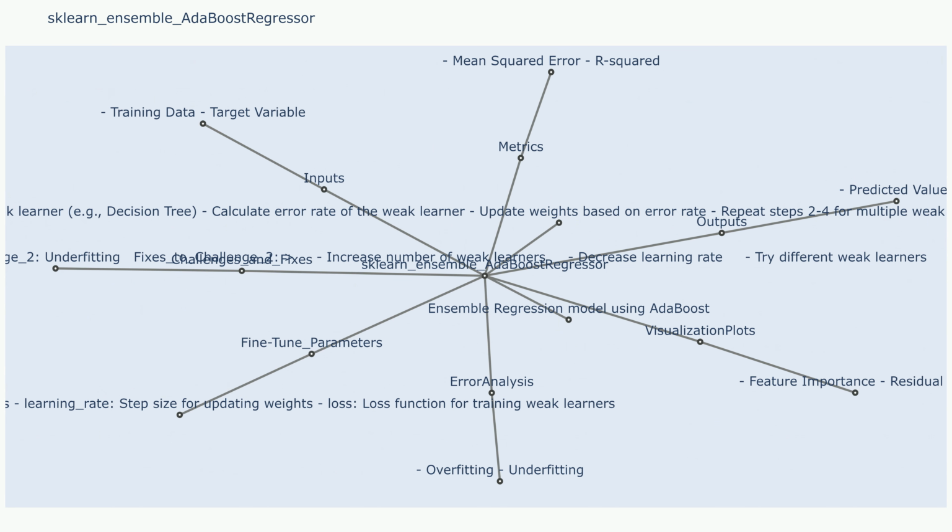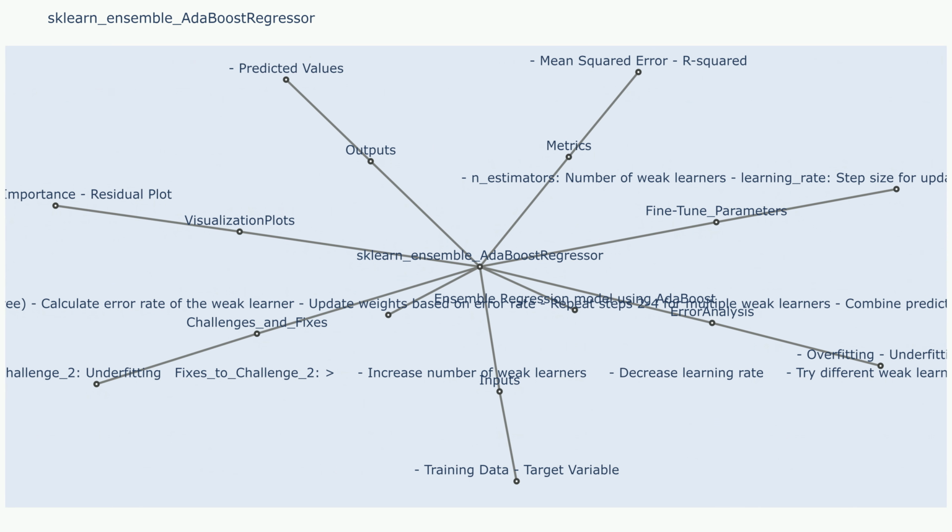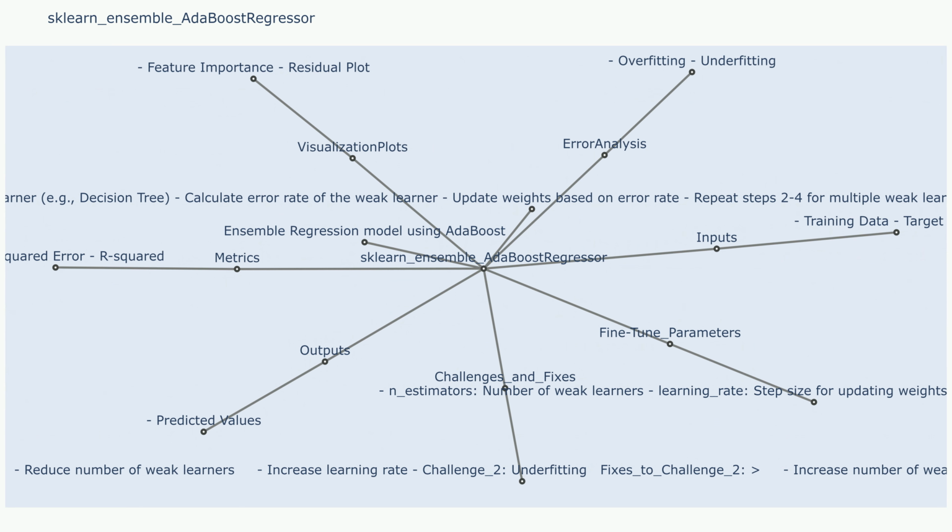Visualization plots: feature importance plot shows the relative importance of each feature in the model. Residual plot plots the difference between the predicted and actual values. This can help identify patterns in the errors and reveal potential issues with the model.